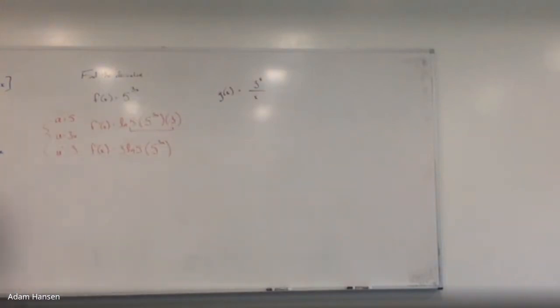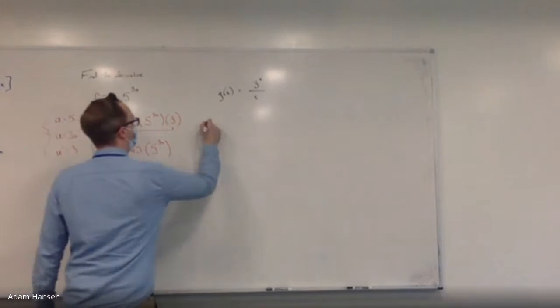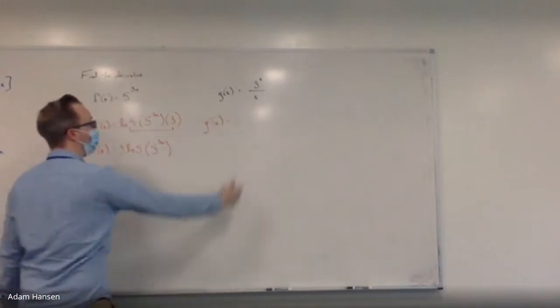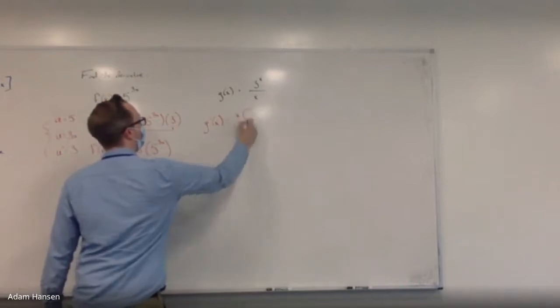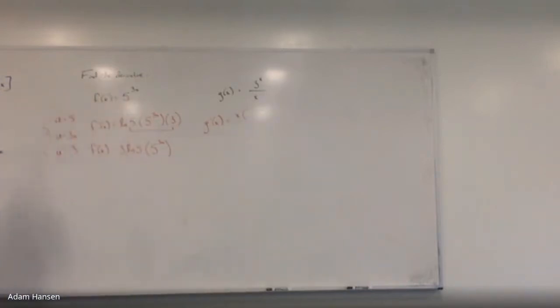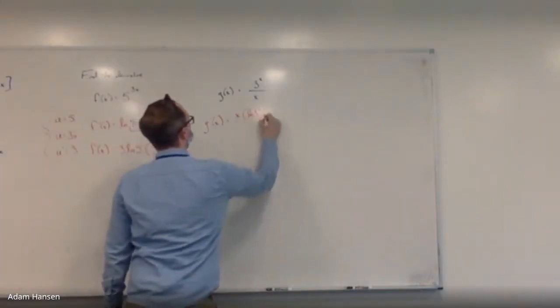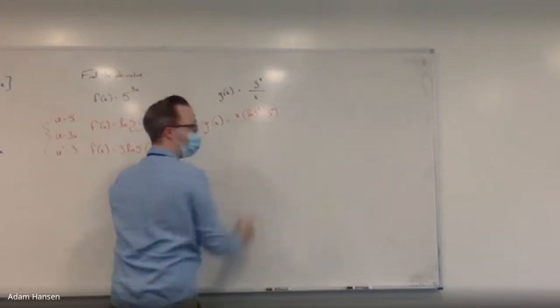So finding this derivative goes something like this. g prime of x equals low times d high. Well, derivative of 3 to the x would be the natural log of 3 times 3 to the x. That makes sense so far?